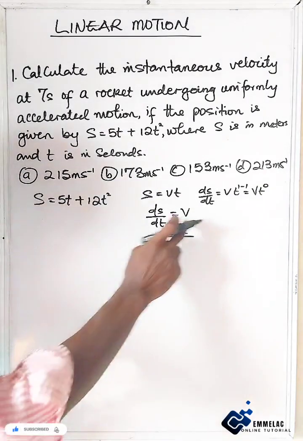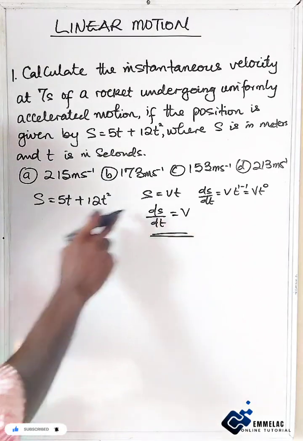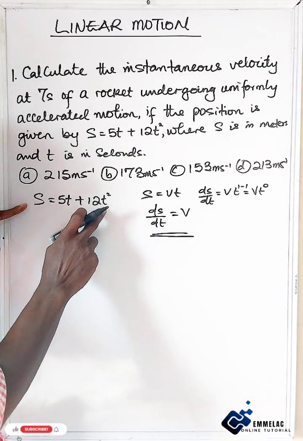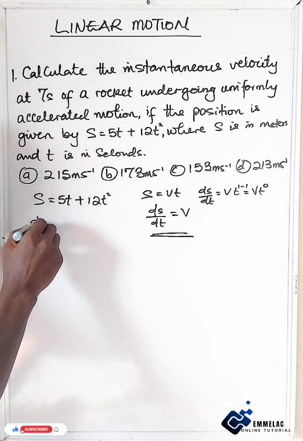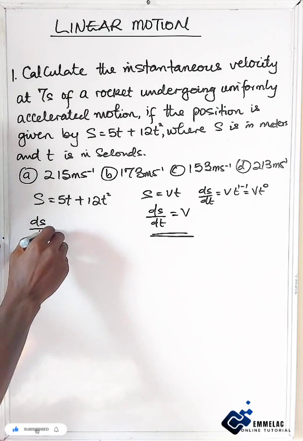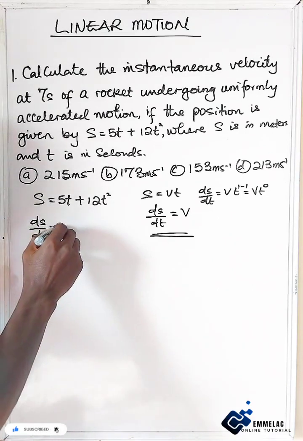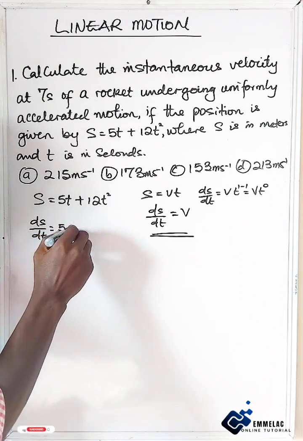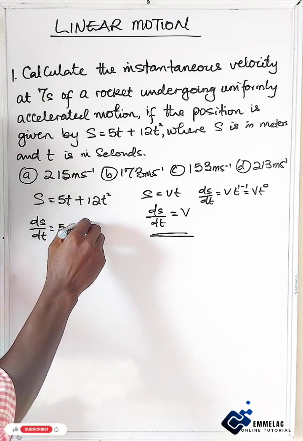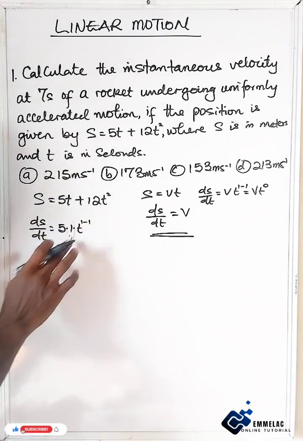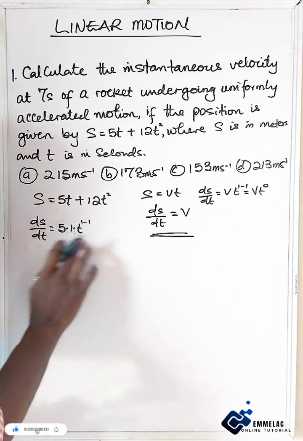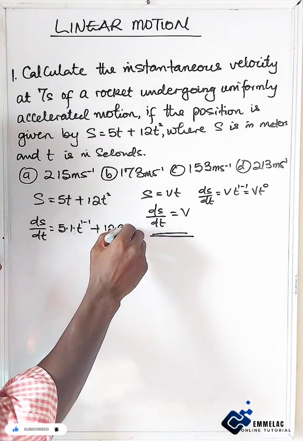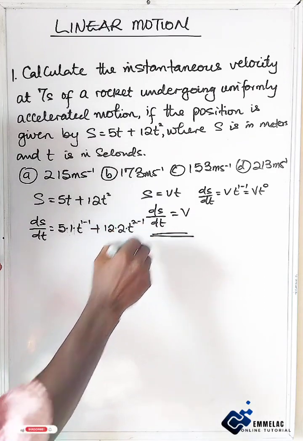So for us to have V here, it means we have to differentiate the position with respect to the time. So here we have that ds over dt will then be 5 times 1 times t raised to the power of 1 minus 1, that's by differentiation, here is the method, then plus 12 times 2 times t raised to the power of 2 minus 1.